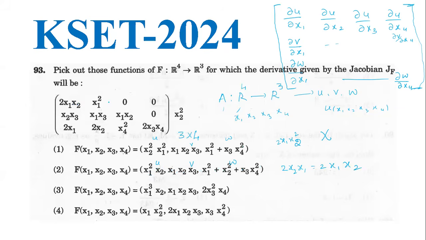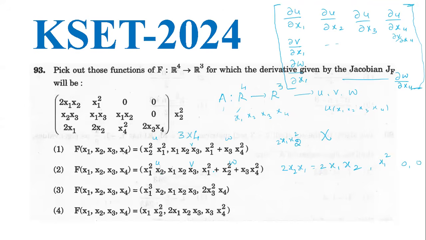It is there. Next, check the second one. Partial derivative of u with respect to x2 gives x1 square. Here x3 is not there, x4 is not there, therefore this becomes 0, 0.